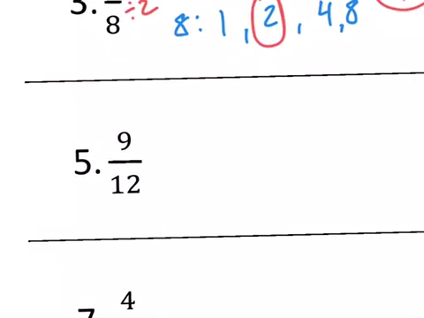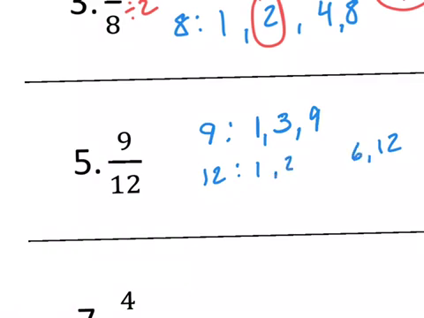And at number 5, 9, we just did those factors. And then 12, 1 and 12. 2 and 6.